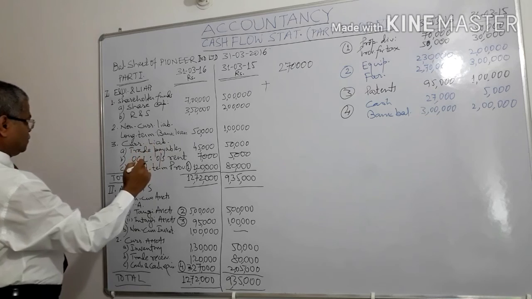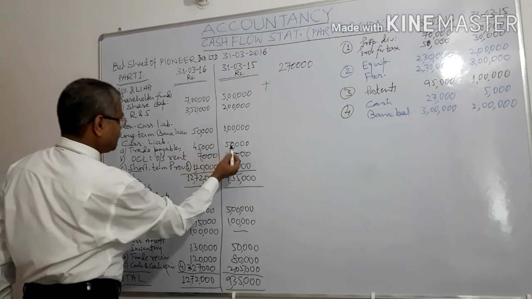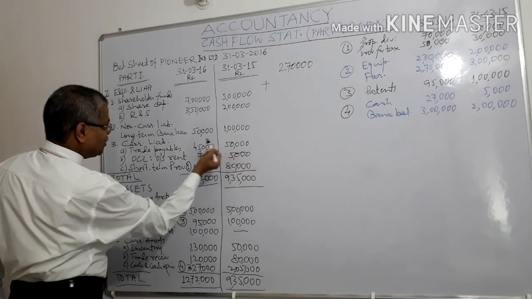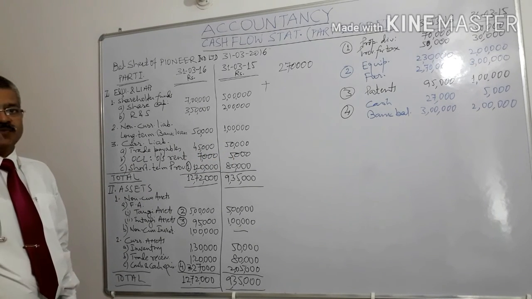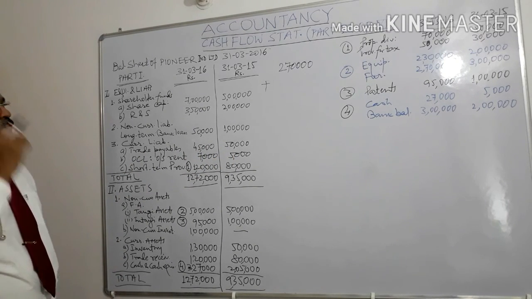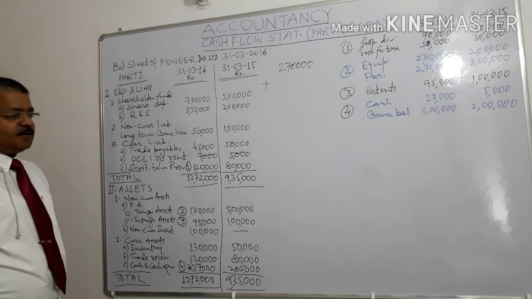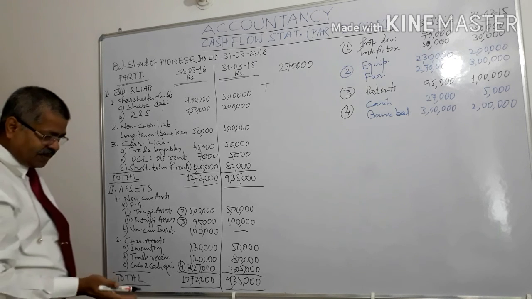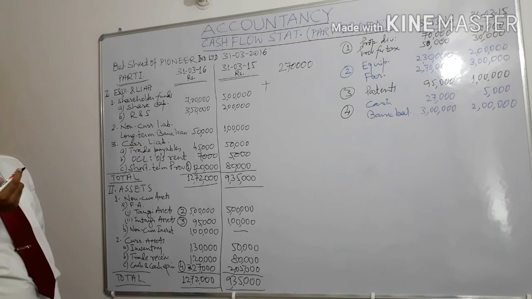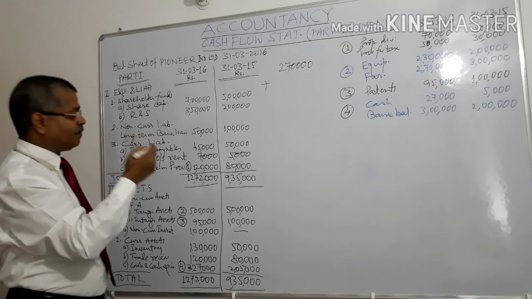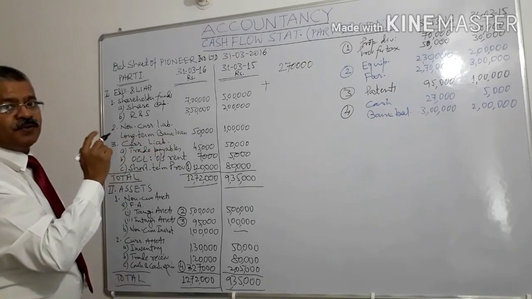Here we go. Current liability. Current liability has declined from 50,000 to 45,000. Trade payables. So what will happen? Will they be added or deducted? When the current assets go up, we need to deduct.